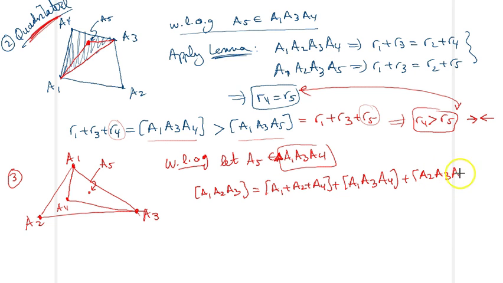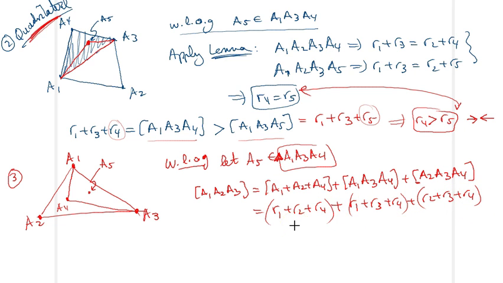So we are basically splitting our triangle into three smaller triangles, but obviously this is equal to, again applying the definition, R1 plus R3 plus R4 plus R2 plus R3 plus R4. Obviously this is this, and so these were the separate groups.